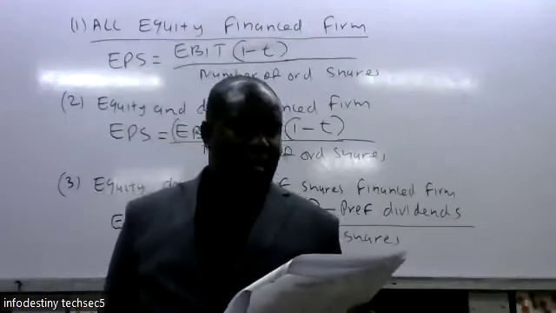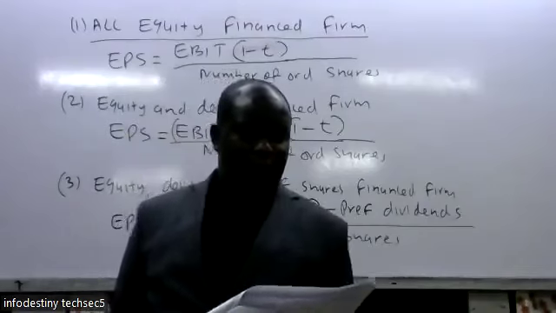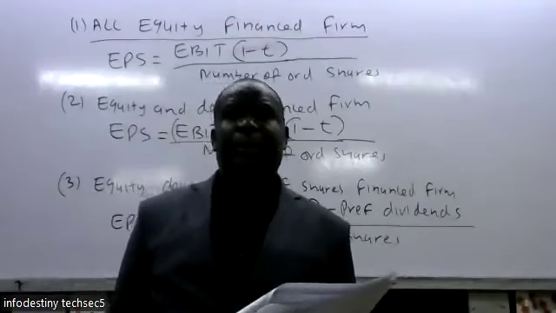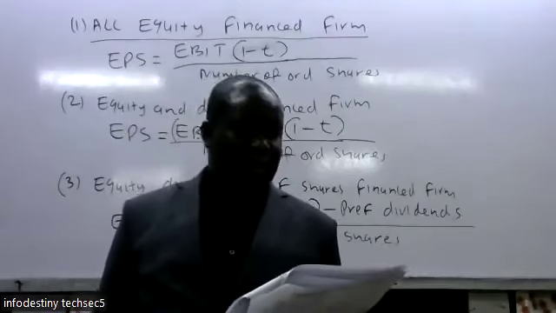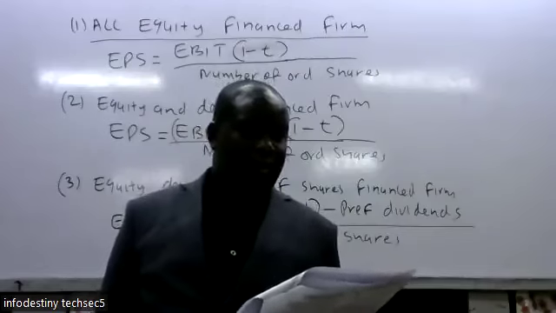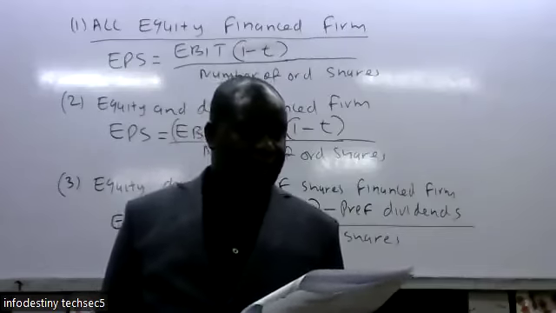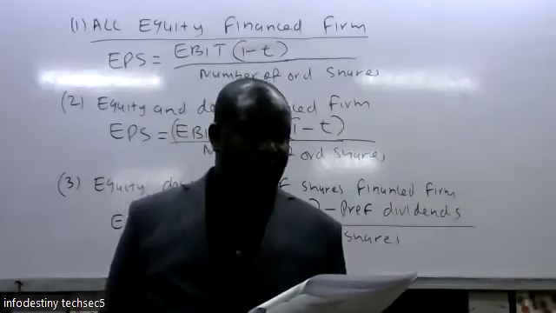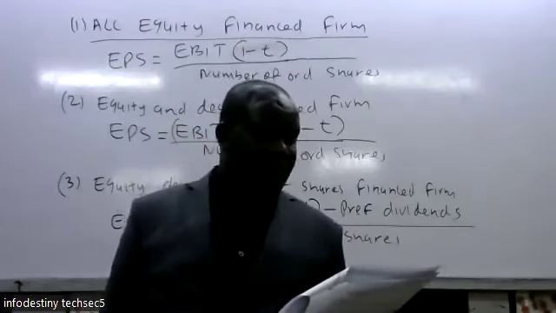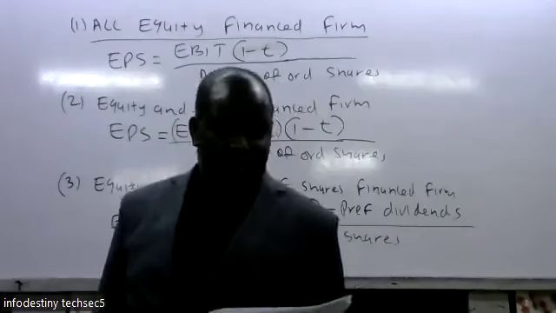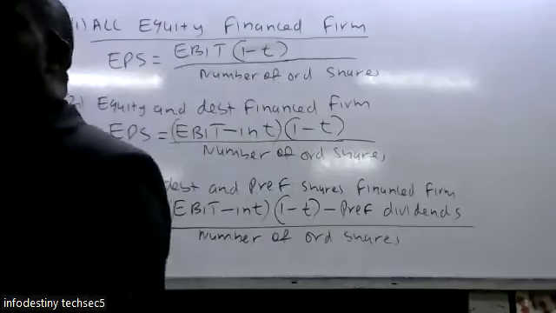Ordinary share capital, at 20 shillings par value, the amount is 50 million. Reserves, 20 million. Then 14% debenture capital is 20 million. 10% preference share capital is 10 million. So total is coming up to 100 million.